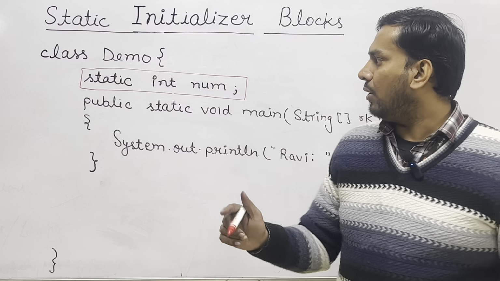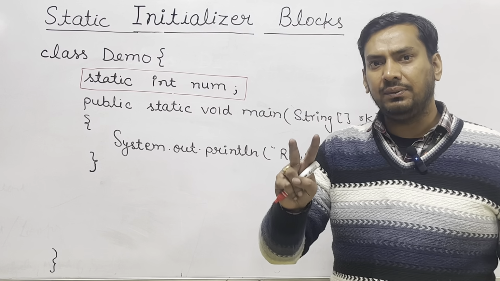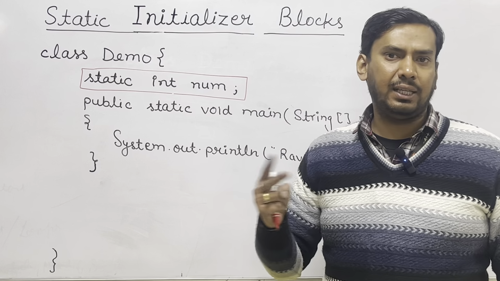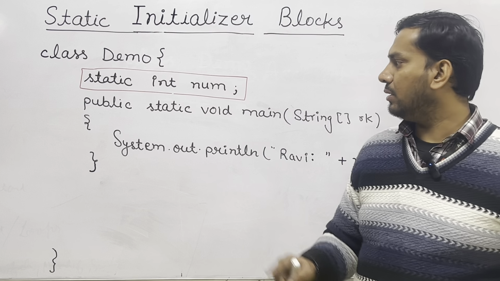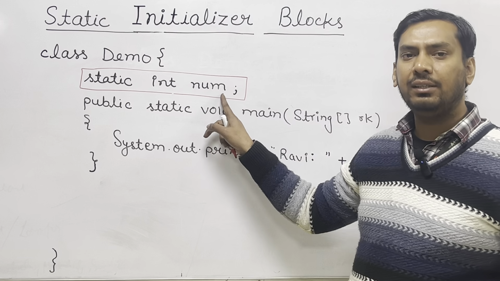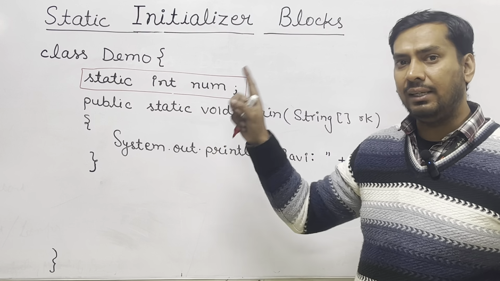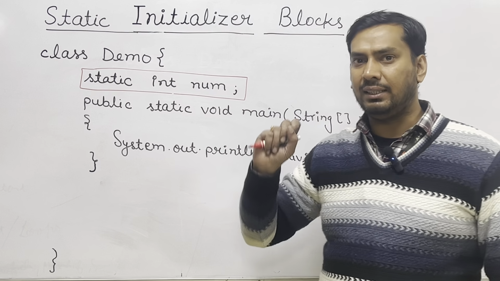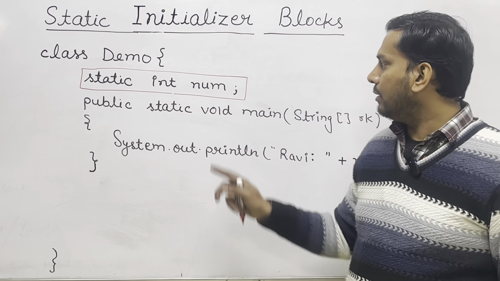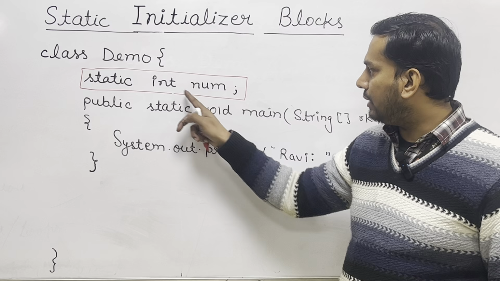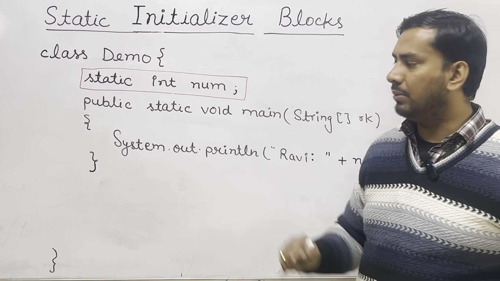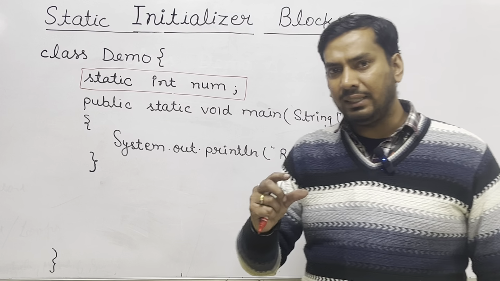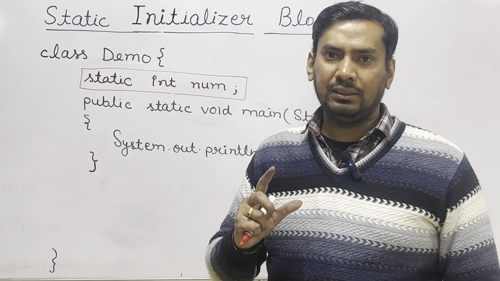There are only two places where we are supposed to initialize these static members. The first place is definitely during the declaration and the second place can be your static block. For example, if I have not initialized this num variable here, I can put a static block to initialize it.